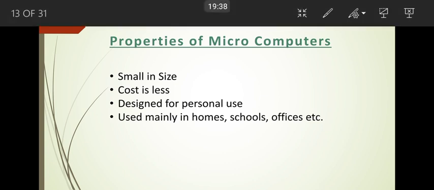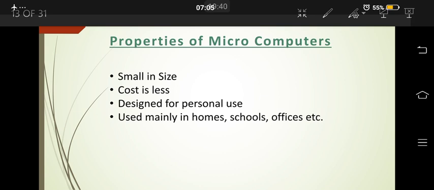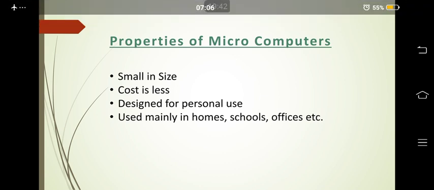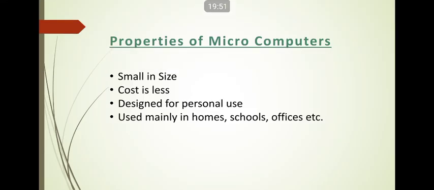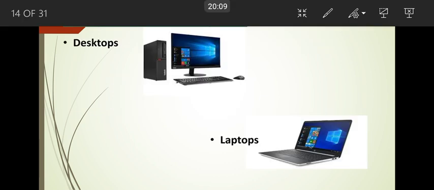Now the thing which you people are using nowadays, as I was saying, properties of microcomputers: they were small in size, cost is less and designed for personal use, and they were used mainly in homes, schools and offices. Now let's see what are the examples of microcomputer.